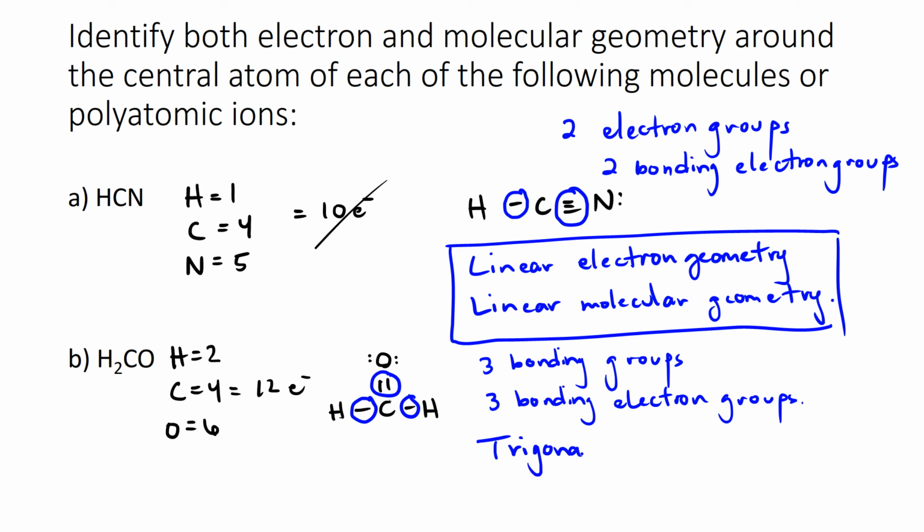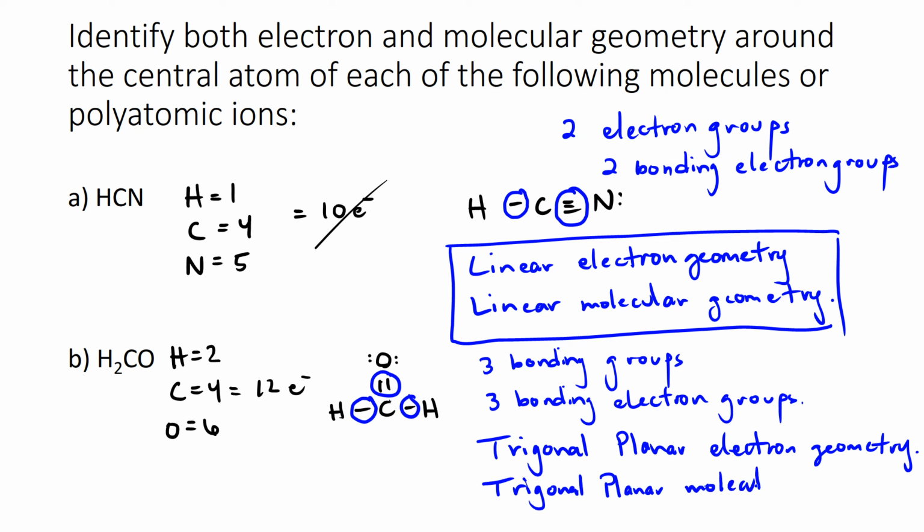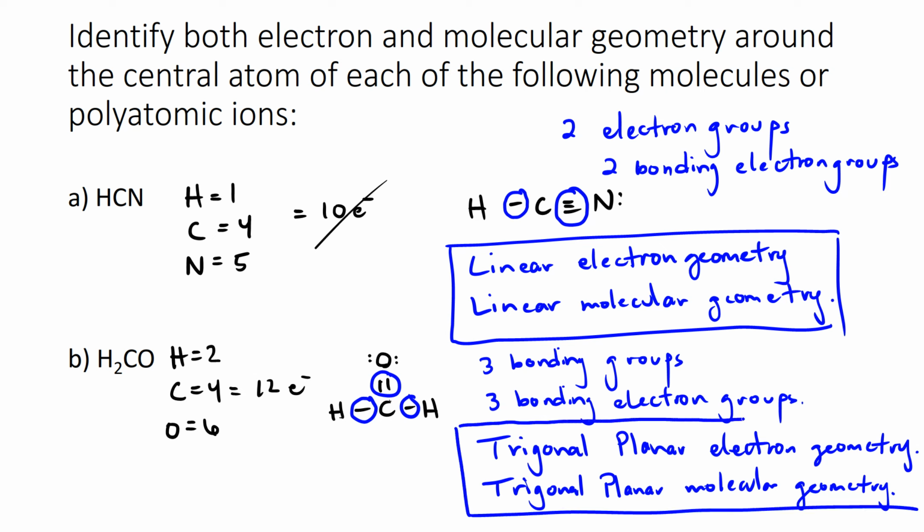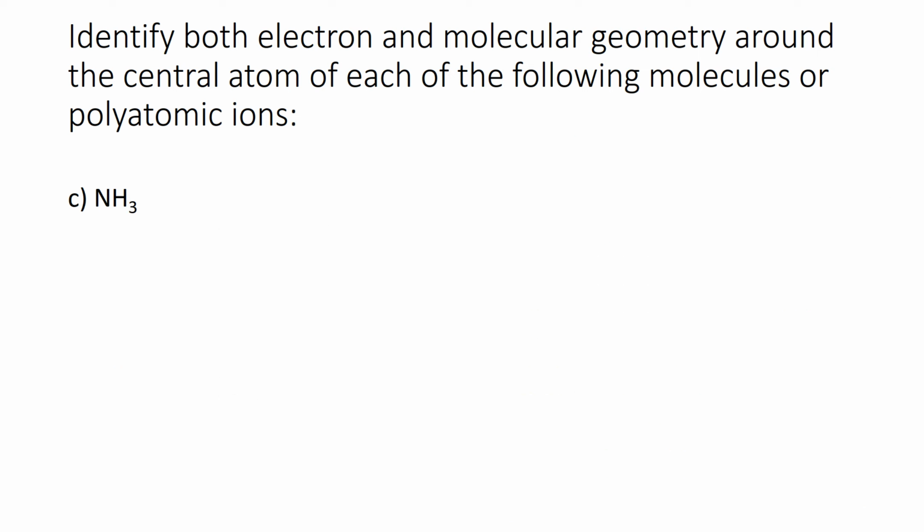So, trigonal planar electron geometry, and it's also going to have a trigonal planar molecular geometry. So that's how you do B. Go ahead and take a look at part C.